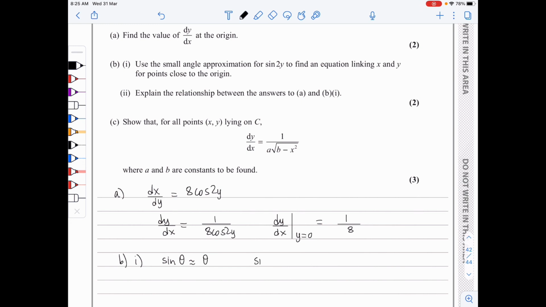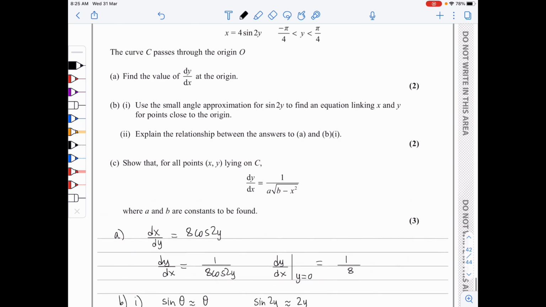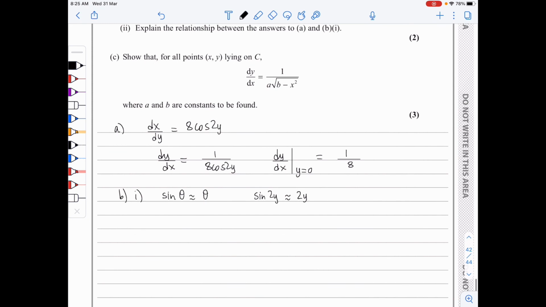So sine 2y is approximately 2y, and therefore we conclude that x is approximately 4 times 2y, i.e. x is approximately 8y. I'm just going to write this as y is 1 over 8 x close to the origin. So for small values of y.